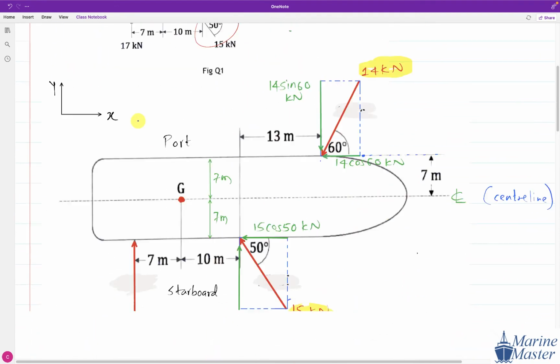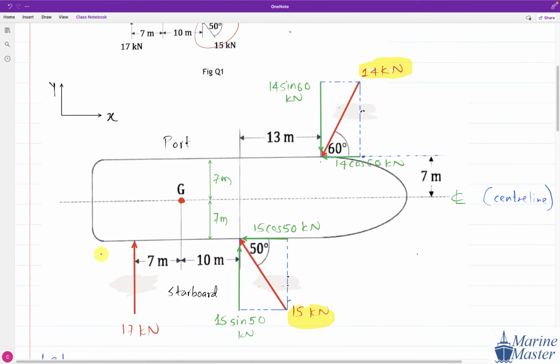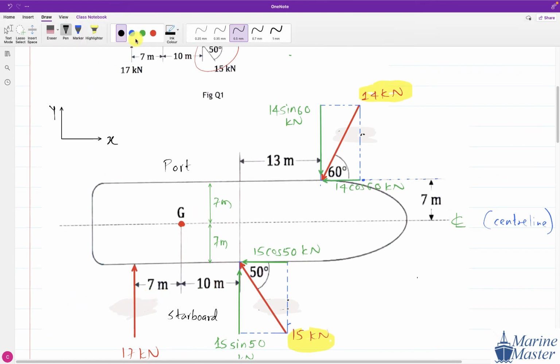Sir, I have one doubt. For the vertical 17 kilonewton, the direction is plus only. That is because there are three things: summation of forces in x, summation of forces in y, and summation of moments. Here clockwise we will consider positive and anti-clockwise negative.